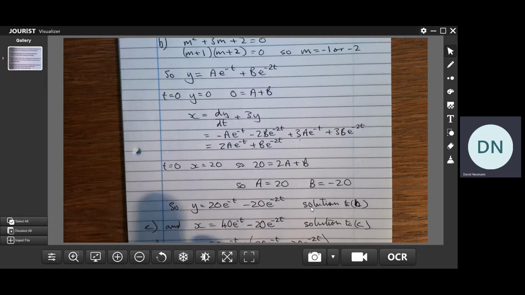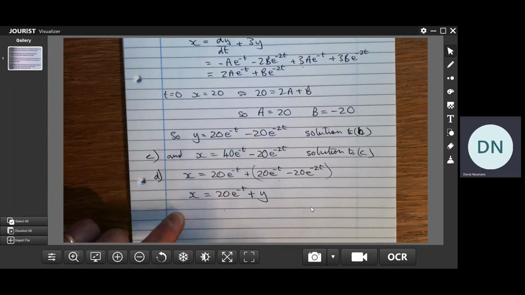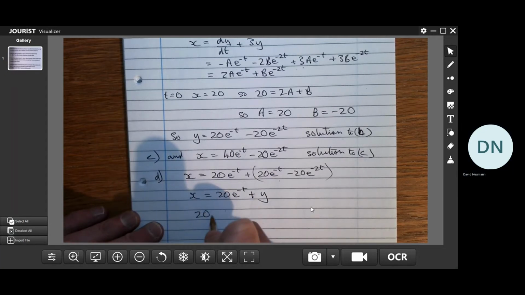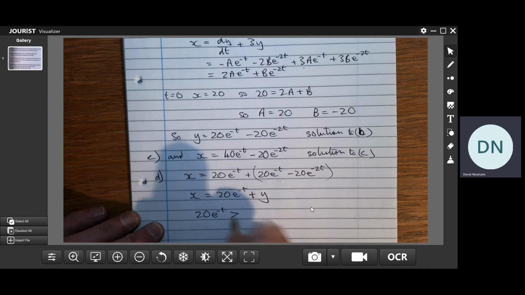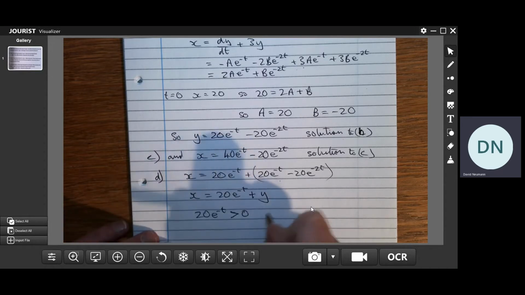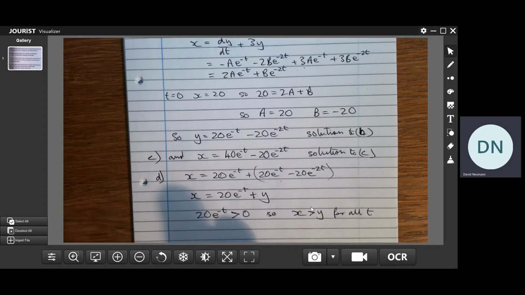That means x is equal to 20 e to the minus t plus y. And 20 e to the minus t must be greater than 0 for any value of t. Obviously, for large values of t it's going to get very small, but it's never going to be 0. So x is greater than y for all t.